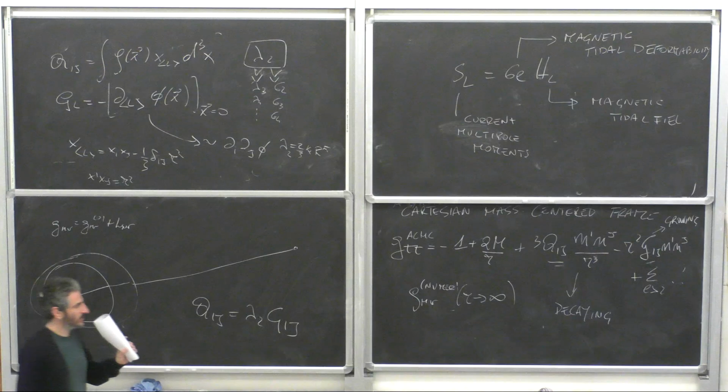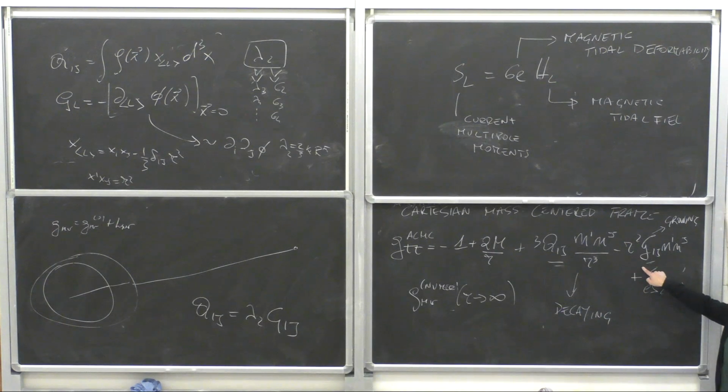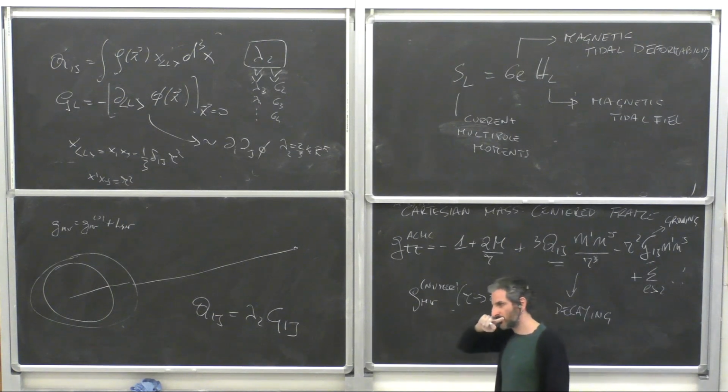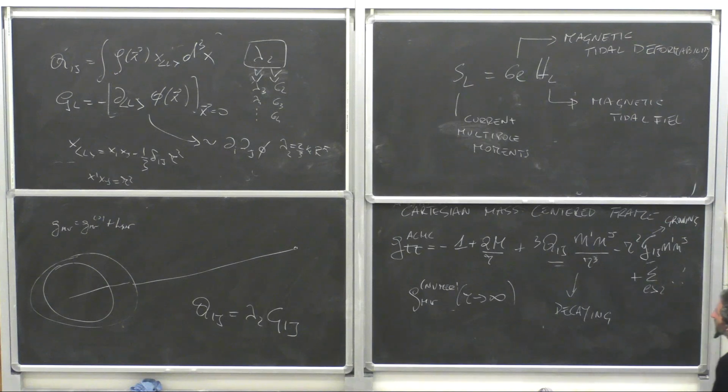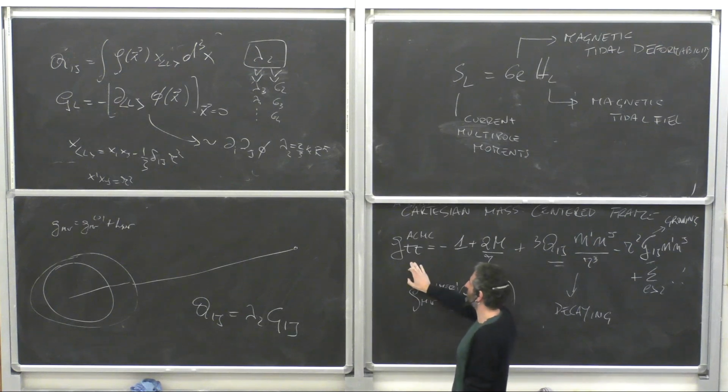No, wait a second. This is not the field of the neutron star. This is the field of the tidal object. Sorry, this is not the response of the star. This is the thing generated, for example, by the companion object. G_tt, sorry, say again. Yeah, so this is something that you would measure.